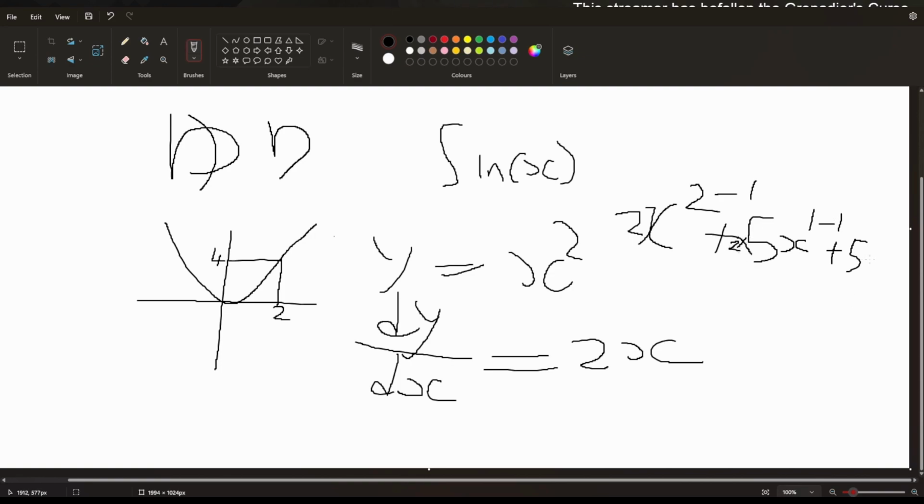Now, for the plus 5, you'd say, what's that? Well, as we all know, x to the power of 0 equals 1. Or maybe we don't know that. So, let's prove that.